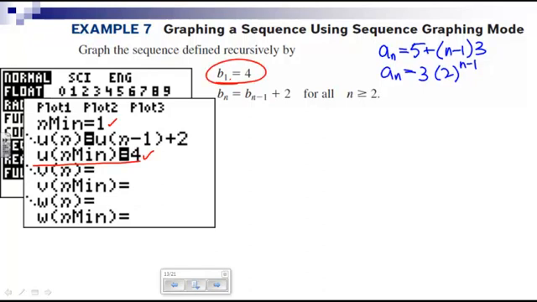Our starting position is position 1. Our starting value at position 1 is 4. Now we can go and type this in. Now, where are we going to find the u value and the squiggly n value?